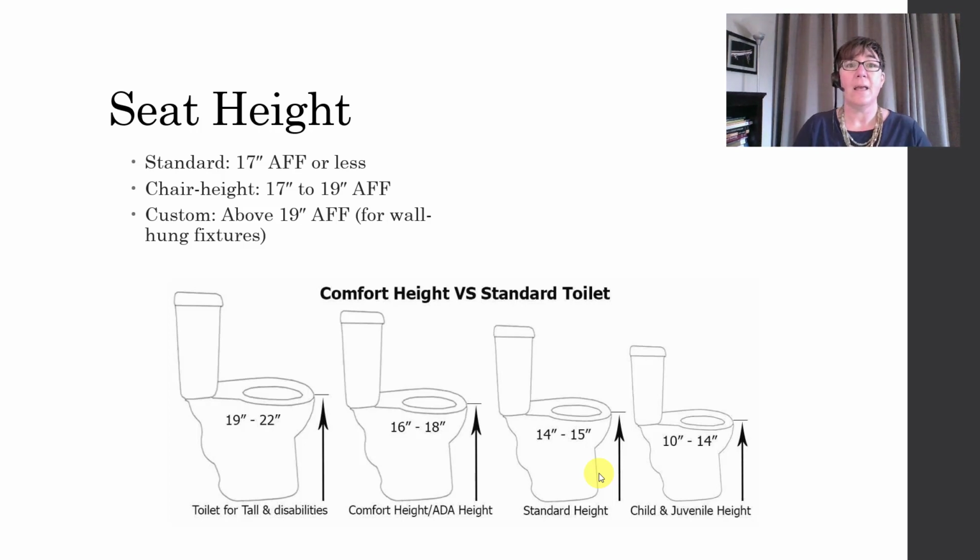There are other toilets available. There are smaller ones, typically marketed for children. And there are some custom tall toilets for people who have a very hard time bending. And remember that for many wall hung fixtures, you can select the height in a custom manner.